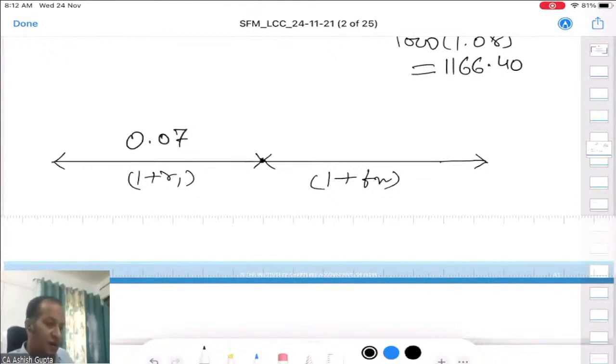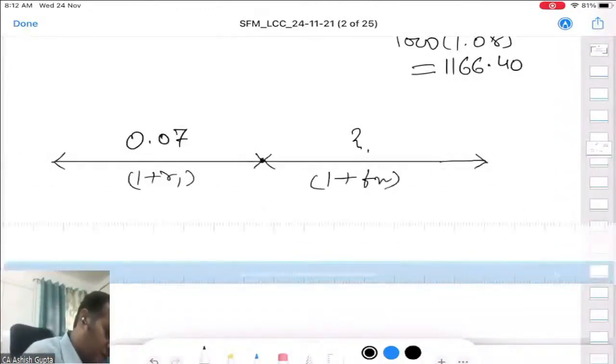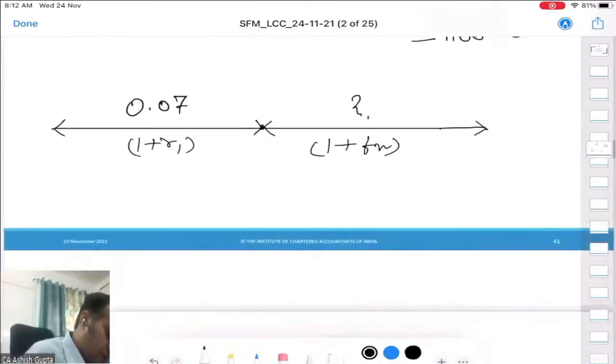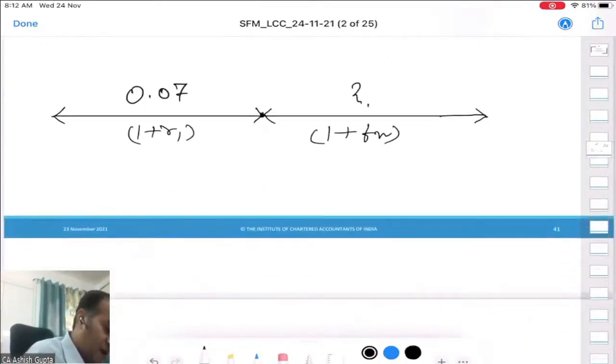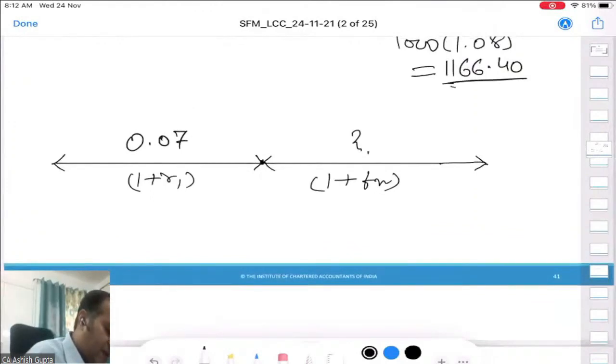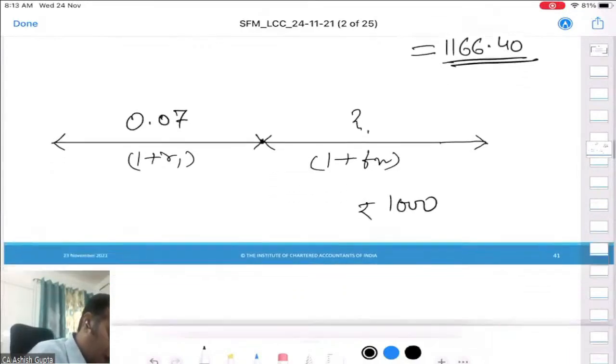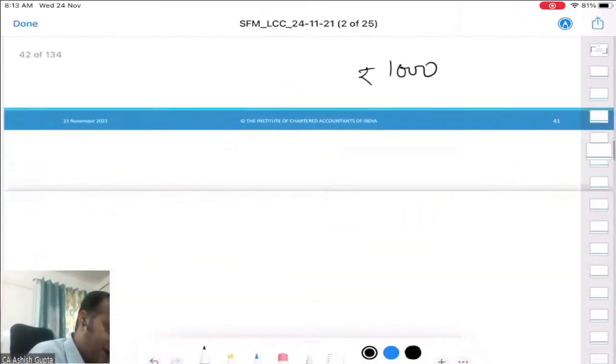This is for the 1 year. Now the question mark is what will be the rate for this period? So accordingly, I equalize this value. Of course, the bond value here is 1000. So how do we compute this rate? I equalize both these values. I say like that.